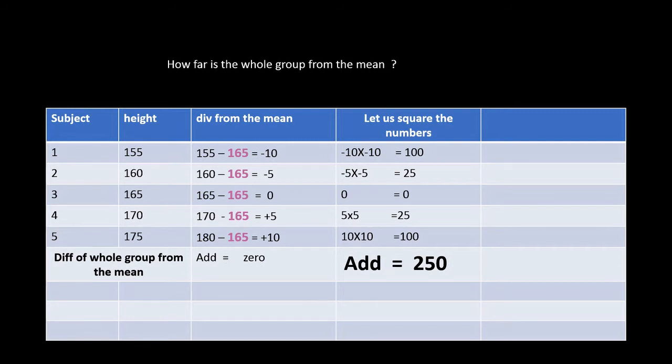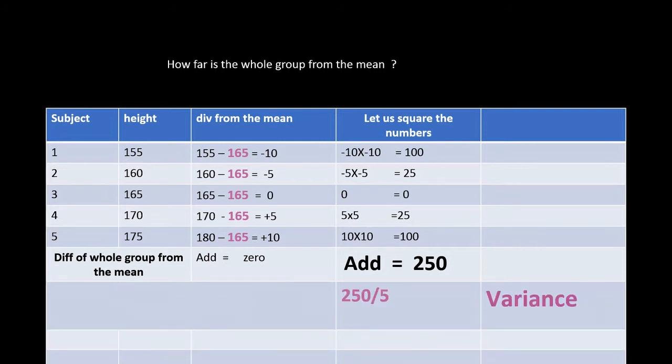So in this column now you can see all the values are squared and then they were added. That's why they could get rid of the minus sign. This value in this table is 250. If we divide it by the total number, in this case 5, then this is known as the variance.